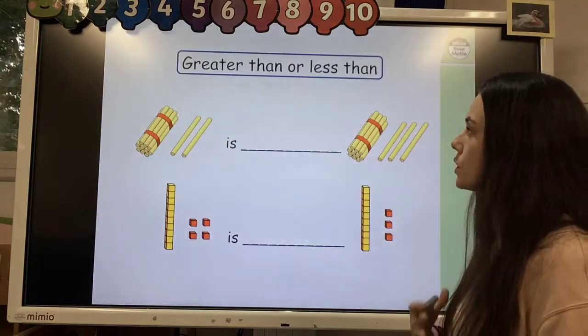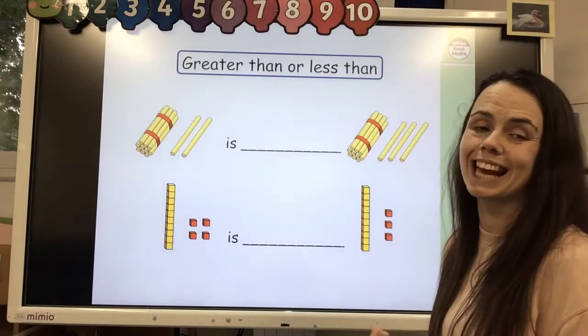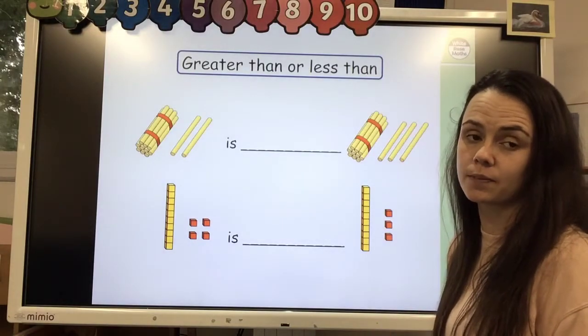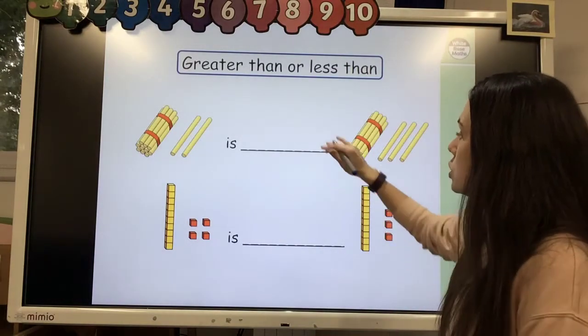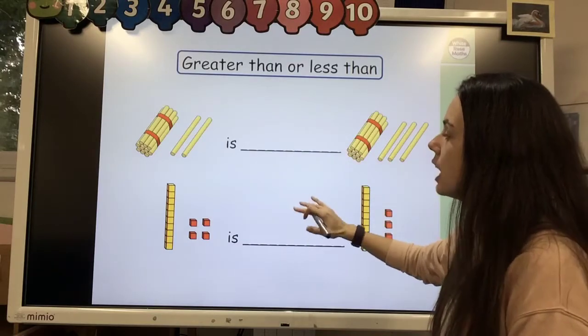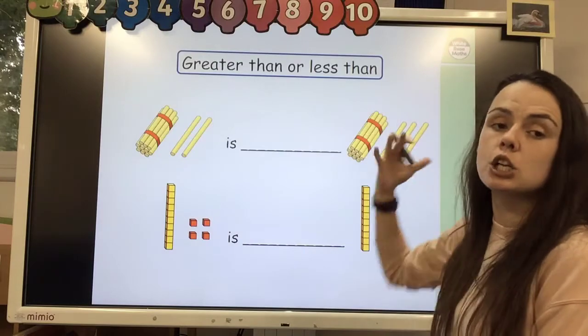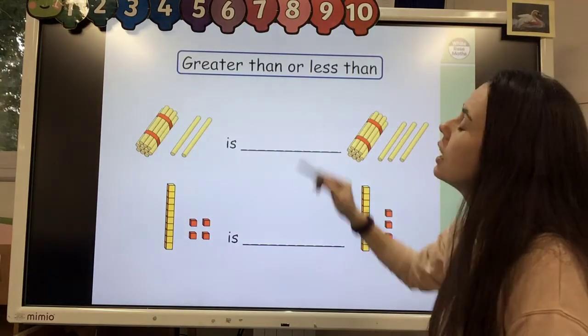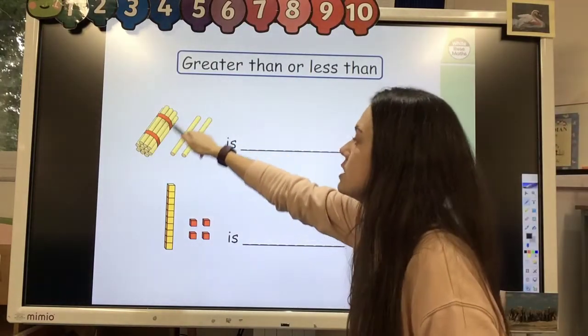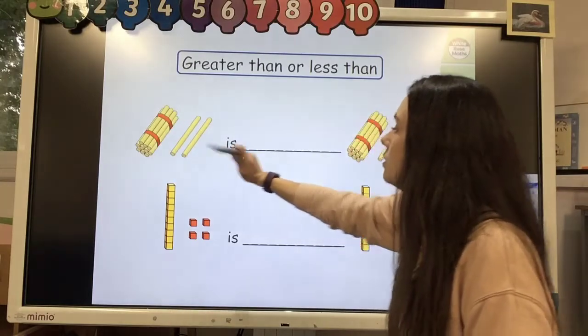So, we are using the words greater than and less than today. And what we've got to do is put them on here and here and decide whether this side is greater or less than this side. So let's look at our straws first. How many straws have we got here? 10, 11, 12.